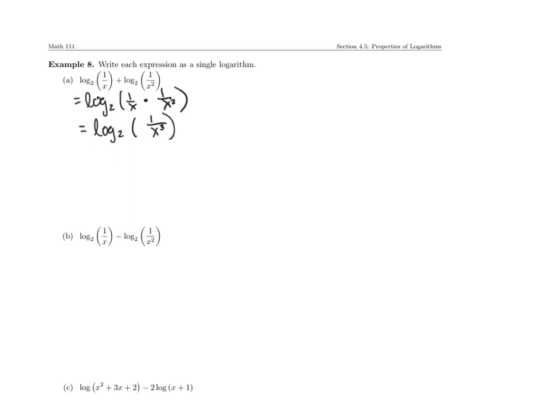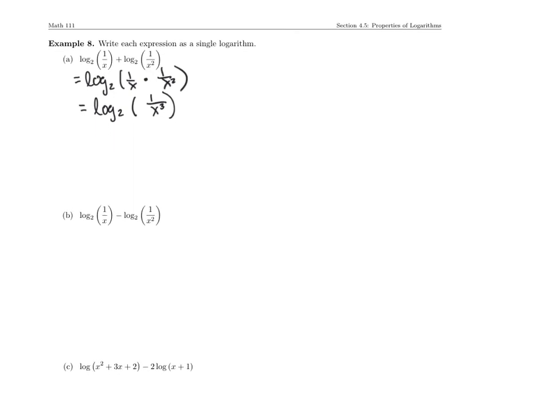Let's try it again. Part B is very, very similar. The only difference is that now we are subtracting the two logs instead of adding. So when we're adding, we multiplied inside the argument. Now we're going to be dividing inside the argument. So this will be log base 2 of 1 over x divided by 1 over x squared.